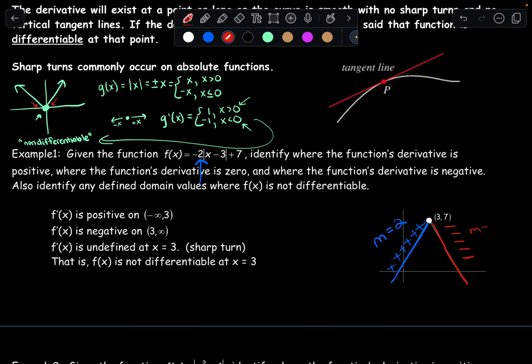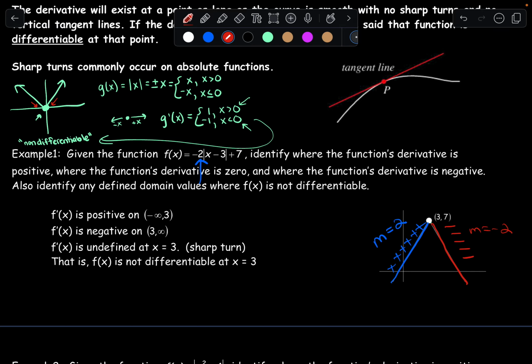It's -2, okay? So the slope is positive, or f prime of x is positive on -∞ to 3, and then f prime is negative from 3 to infinity. Now, this is another case where you cannot include 3 within this domain, okay?